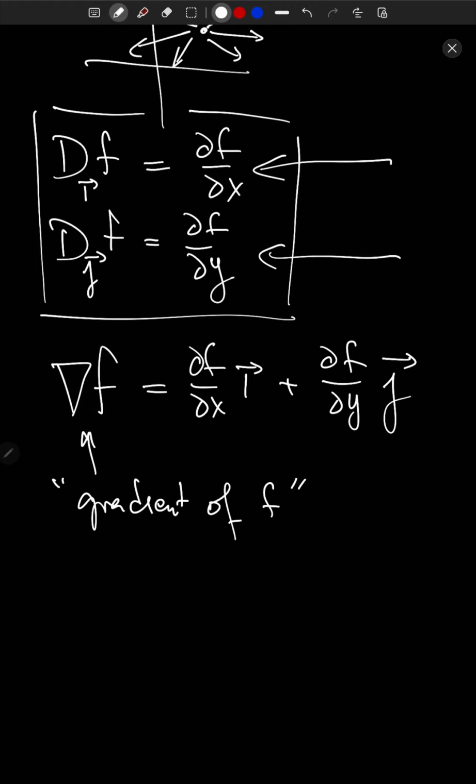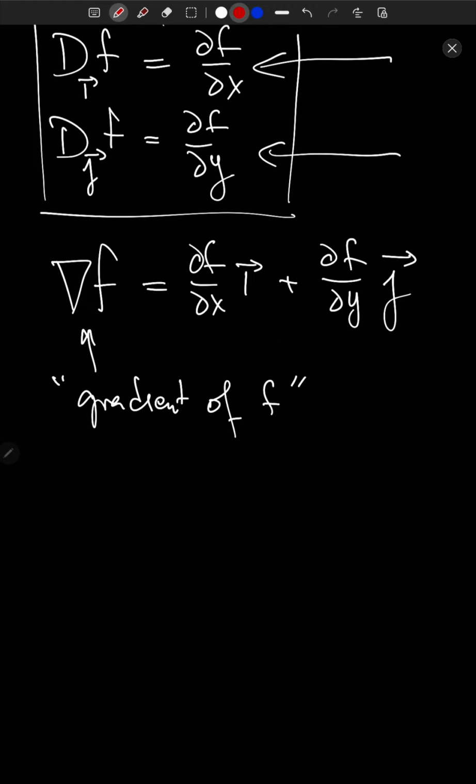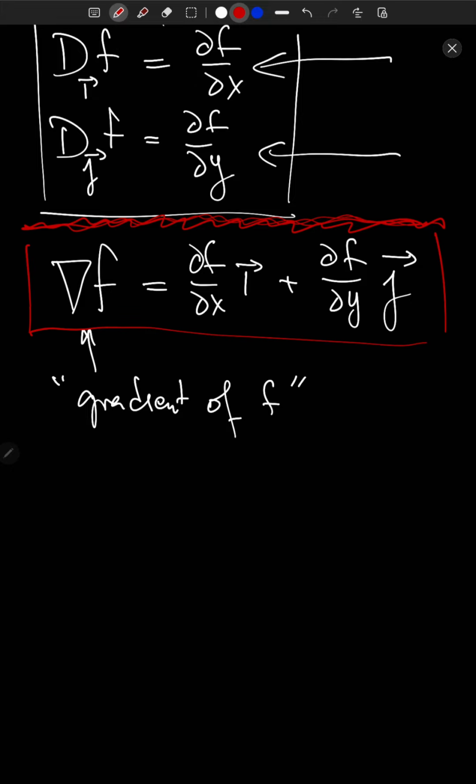This is what we're going to call, in maybe 3 weeks or so, a vector field, because at any point in the plane, the output is a vector. We can calculate this quantity on the right hand side at any point x and y. For example, if we wanted the directional derivative here, we would use these coordinates, 4, 2.